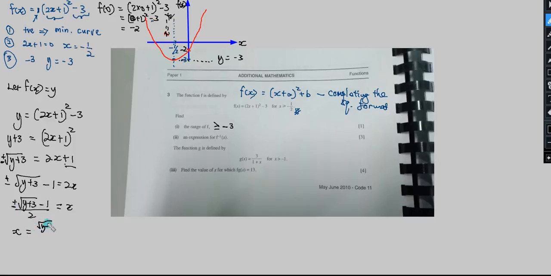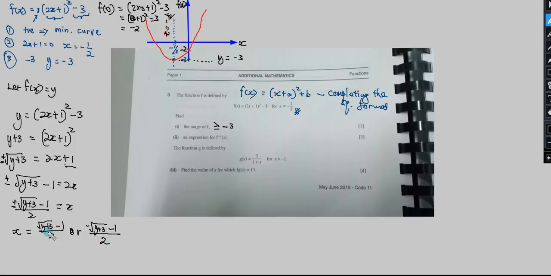Square root of y plus 3, minus 1, over 2. Or the other one you want to take is the negative: minus square root of y plus 3, minus 1, over 2.